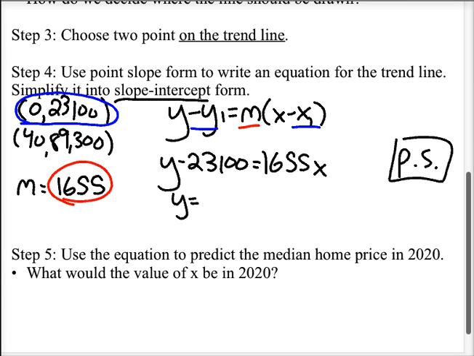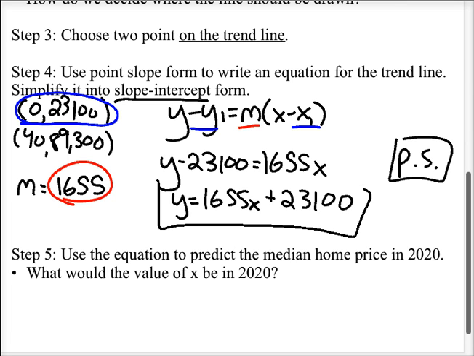So all I have to do is add over that 23,100, and I already have my slope-intercept equation. So again, one big idea for this chapter is being able to work between those forms. If you're given 2 points, you need to be able to write me the equation in point slope form and then predict from there.